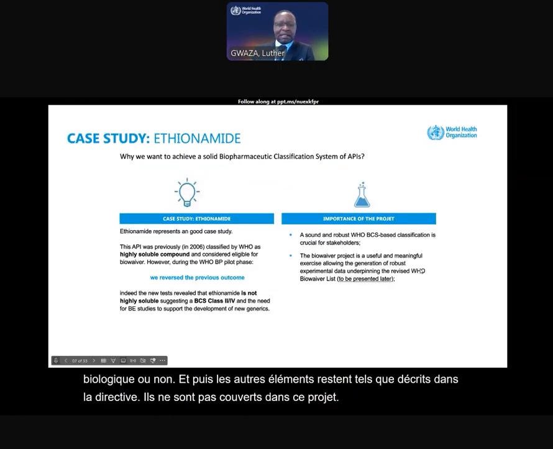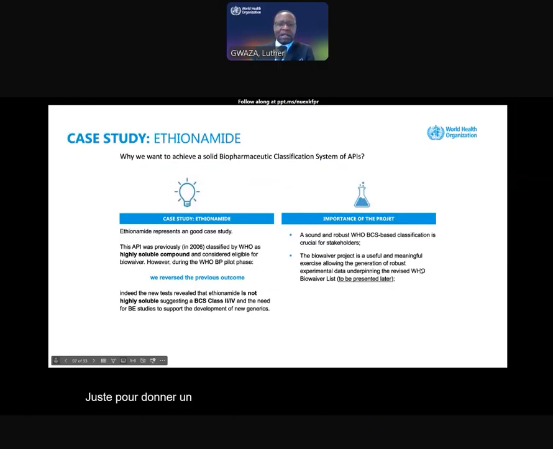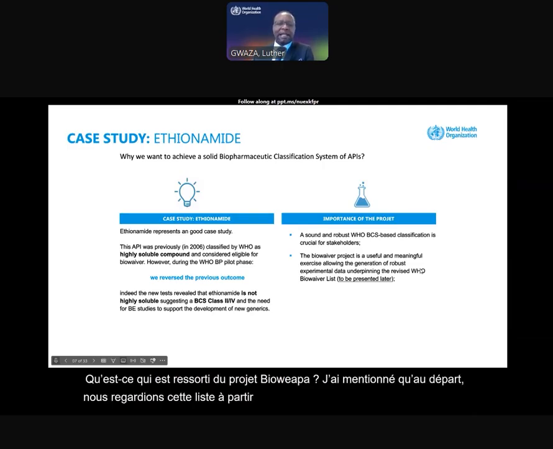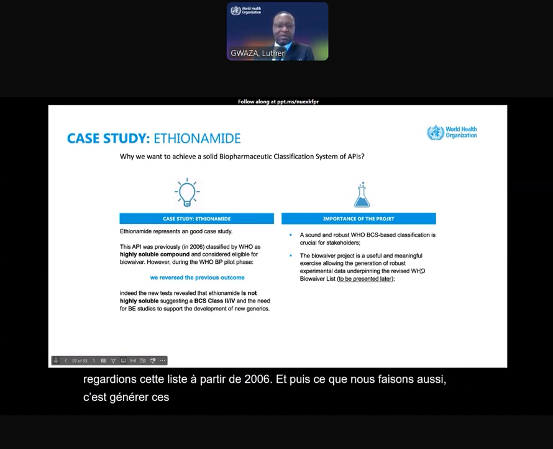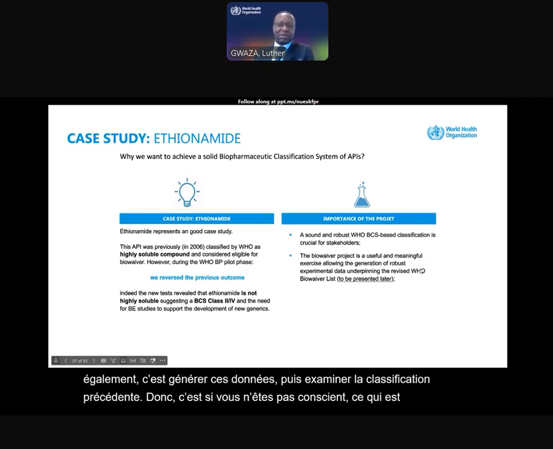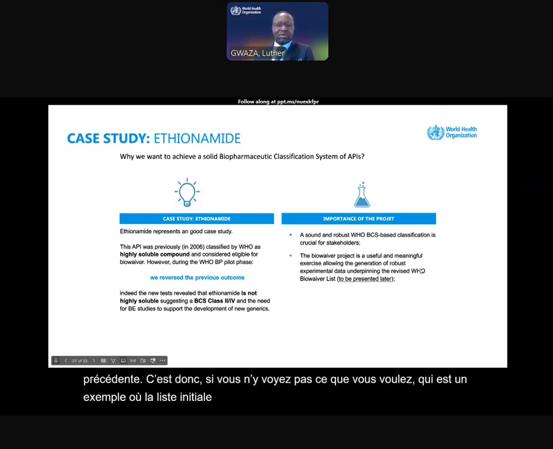Just to provide an example of what actually came out of the Biowaiver project, I did mention that initially we were looking at that list from 2006. And then what we are also doing is to generate this data and look at the previous classification. So this is ethionamide, which is one example where the initial list based on literature is contrary to the data.